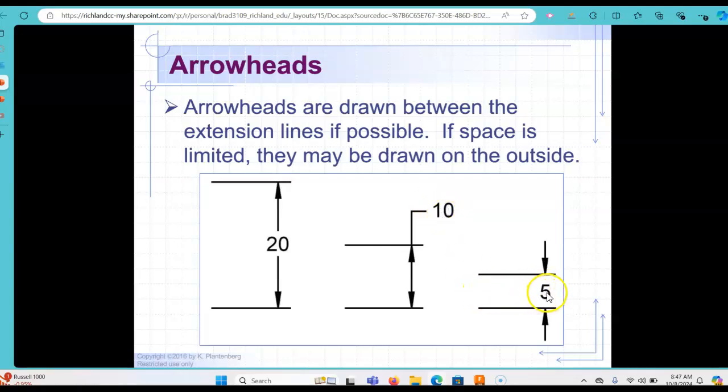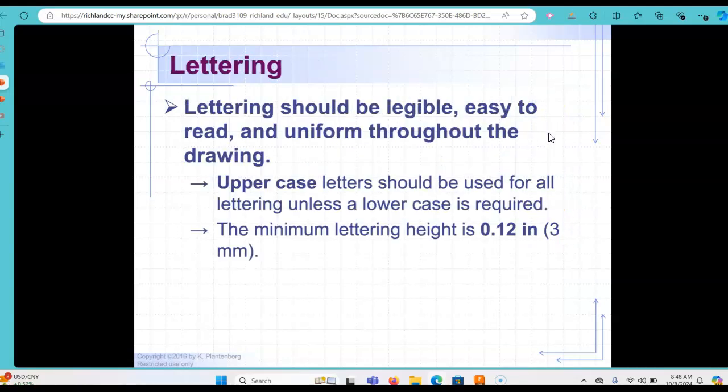Here you've got the feature size in the middle, and then the arrowheads are pointing on both sides of those extension lines. Those are all three perfectly acceptable methods of using these dimension lines. Most of the time you're going to want to use the first method, but when you have space restrictions, it is acceptable to follow this standard on these other two as well.